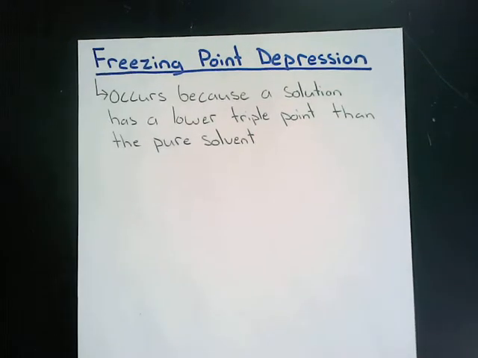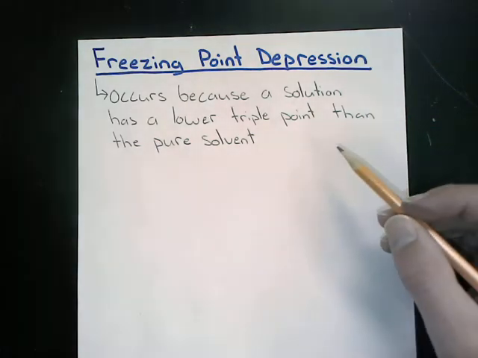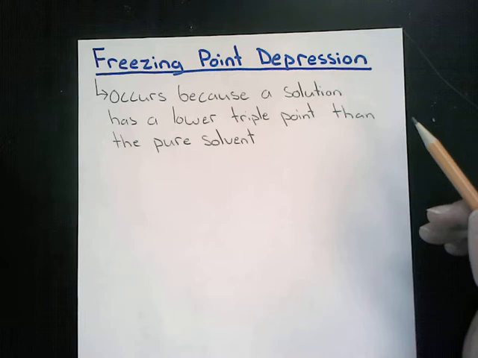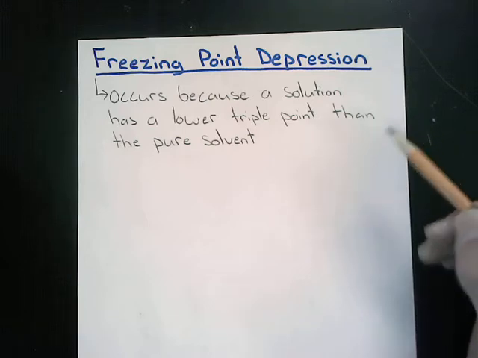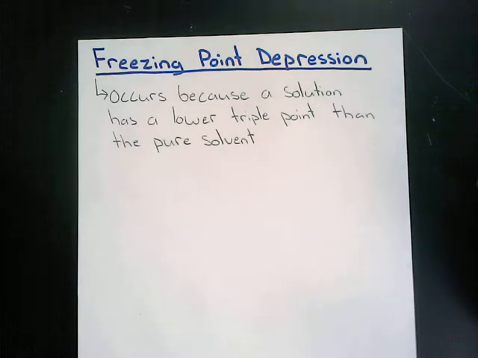We haven't talked about phase diagrams at all, but the triple point is where all 3 states of matter, solid, liquid, and gas, simultaneously coexist. So we're lowering that point down, and what this does is allow the freezing point of the solution to be lower than the pure solvent.